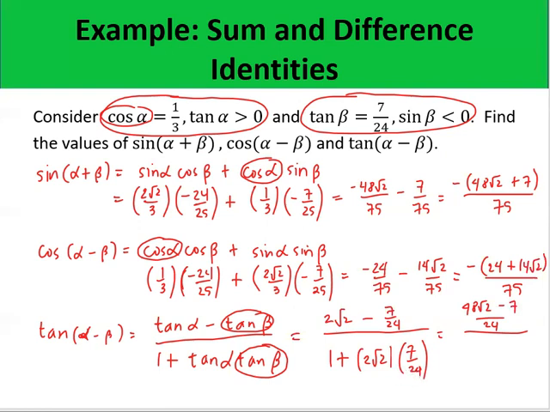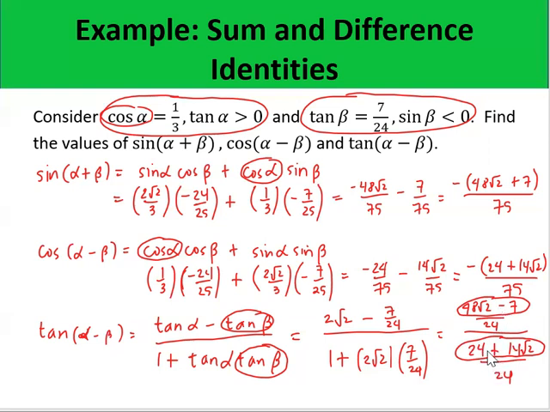And in the denominator, this is 1 plus 2 square root of 2 times 7. So that's 1 plus 14 square root of 2 over 24, which can be combined as 24 plus 14 square root of 2 over 24. So simplifying this complex fraction, we will be getting 48 square root of 2 minus 7 over 24 plus 14 square root of 2. But take note that you need to rationalize the final answer.